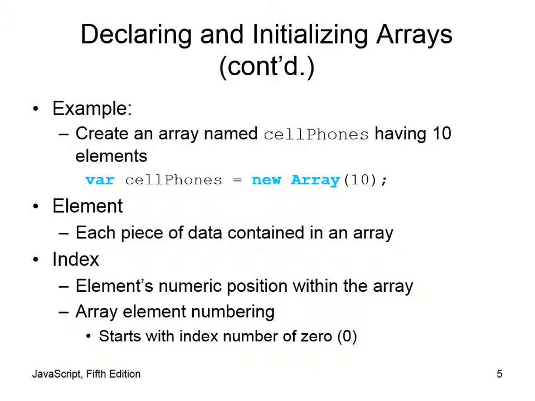We have an array of 10 elements. Make sense? 10 drops in the bucket. Those are elements. The index is the value of that element. So element 1 would be ID of 0.